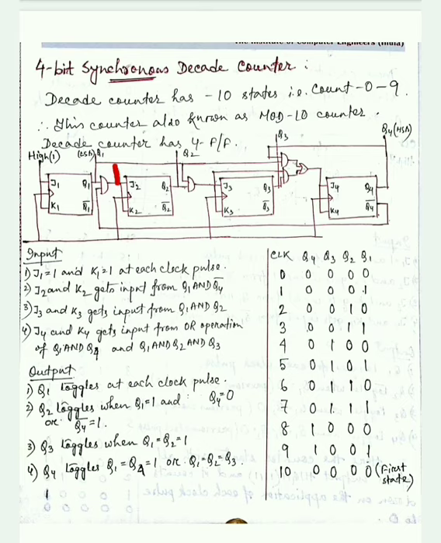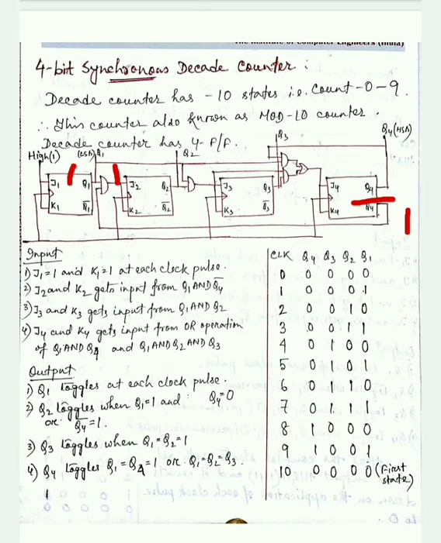If the output of the AND gate is 1. When the output of the AND gate is 1, what is the input of the AND gate? The AND gate input is Q1 is 1 and Q4 complement. If the values of Q1 and Q4 complement are 1, then J2 is 1 and K2 is 1. Q4 complement 1 means Q4 is 0.